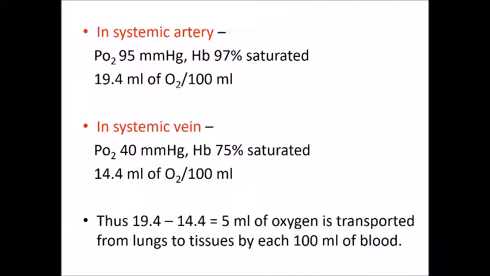So 19.4 minus 14.4 is equal to 5. So 5 ml of oxygen is transported from the lungs to the tissues by each 100 milliliter of blood in normal resting conditions.